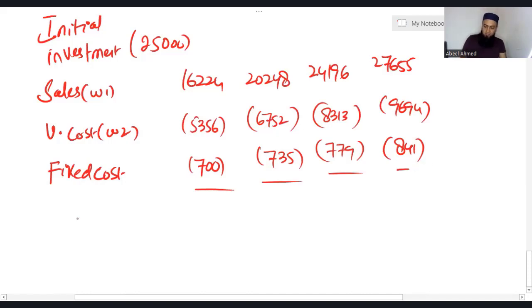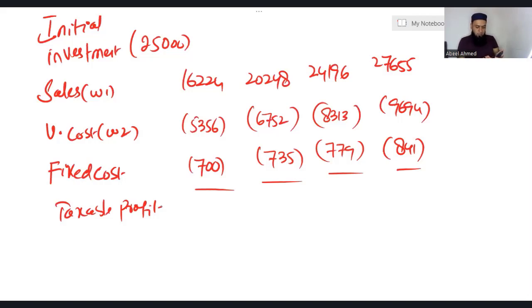Let's calculate taxable profit because tax is paid on taxable profit. 16,224 minus 5,356 minus 700.